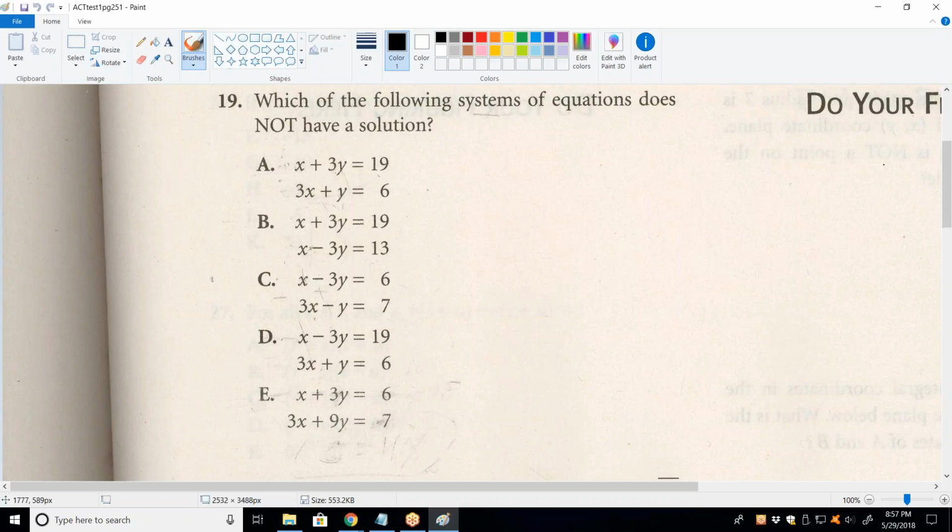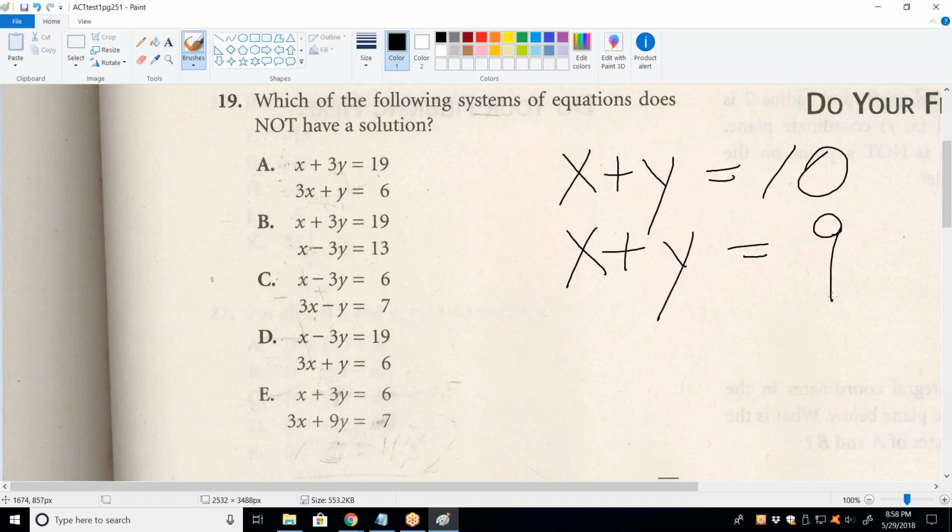Let's talk about this. If I tell you that x plus y equals 10, and I also say that x plus y equals 9, can you give me a solution to that?